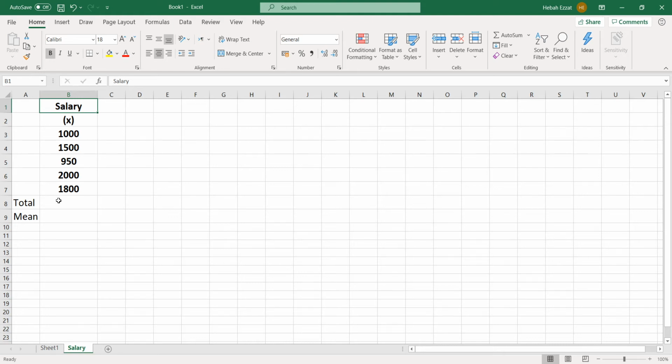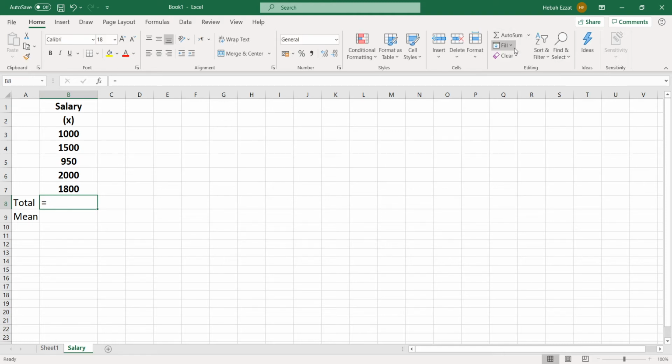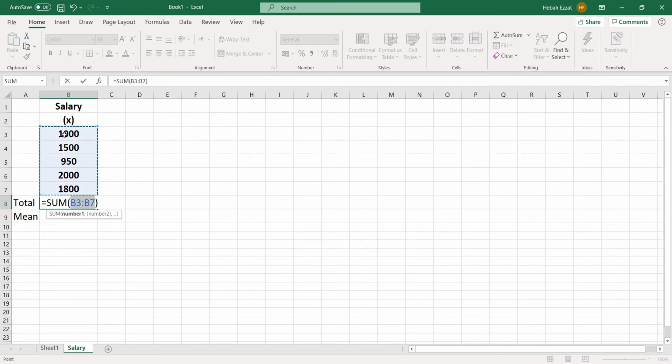So to calculate the mean, we need to find the total, the sum of these numbers. We'll go here and find the sum, and it automatically selects the range of our data.